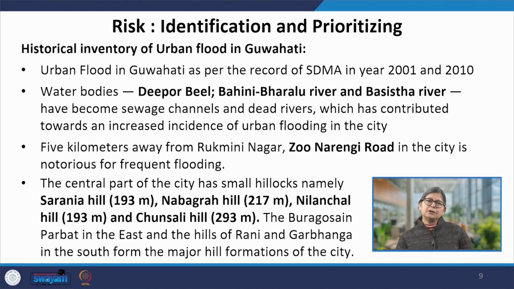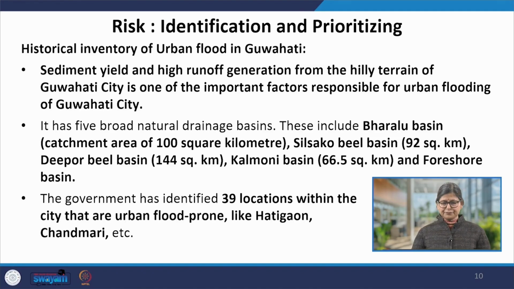Many of the local people, especially the aged ones, were complaining that many small hillocks are vanishing under the pressure of urbanization. Historical inventory, if we continue, then we can see the sediment yield and high runoff generation from the hilly terrain of Guwahati city is one of the important factors responsible for urban flooding of Guwahati city.